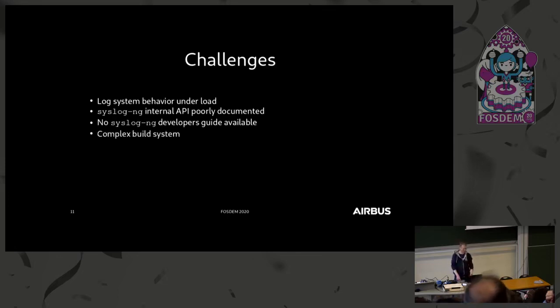The build system was also quite complex. syslog-ng is a very comprehensive system with a lot of plugins, and you need to strip it down in such a way that you can easily build your own code. That was not easy to do because the build system was also not well documented. It relied on the GNU tools, of course, and you know how those work. But if you just want to, for example, compile your own plugin, you had to do some handwork.